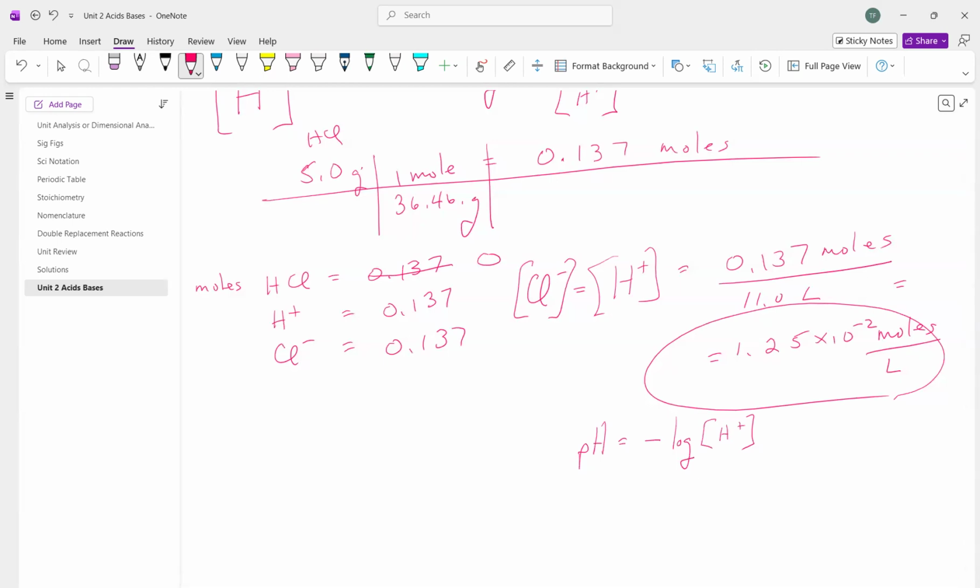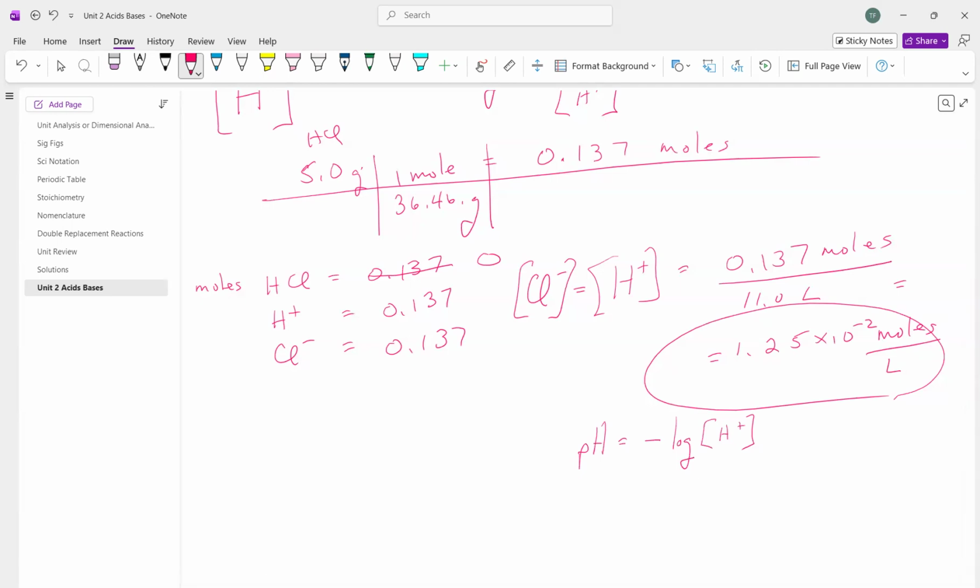So now your calculators do this differently. Sometimes you put log first and then you put the number in, enter. Other calculators, you put the number in first, then hit log. It depends on your calculator.